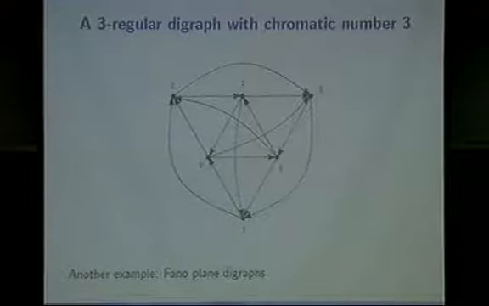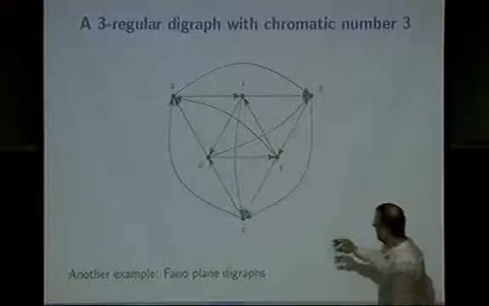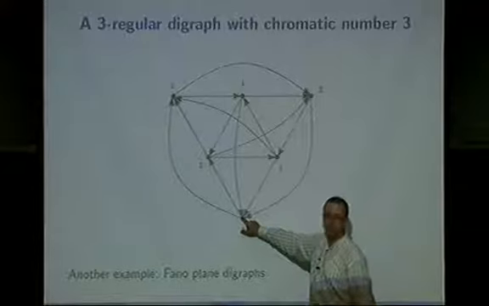Now, just for an example, let me consider this digraph here. It has 6 vertices, and it's almost 3-regular. Every vertex has 3 incoming edges and 3 outgoing edges, except you see it's not exactly 3. Here it's only 2 outgoing.